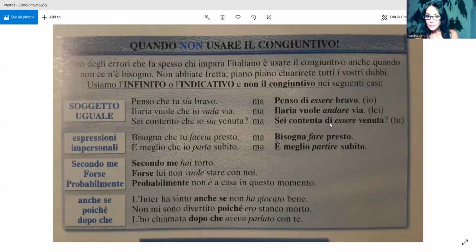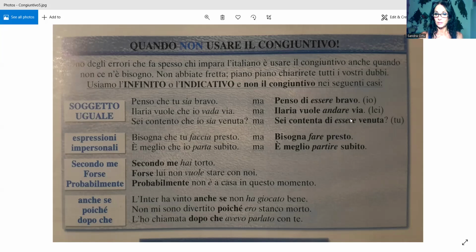Exactly the same here. Exactly the same construction. Di followed by infinitive. But here in the second sentence you have vuole, which is a modal verb. So you have a slightly different construction. You have modal verb followed by infinitive.